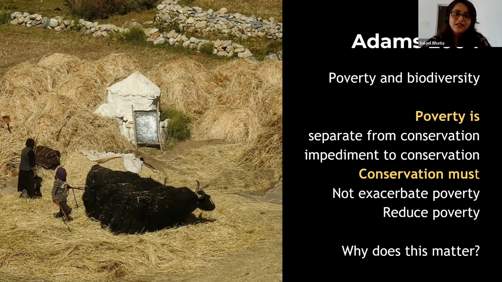Yeah, exactly. A lot of us work on various conservation issues, and we've been trained differently. Some of us have been trained to look at ecology, some at the social aspects, and many of us are working at the intersection of the two. And the thing is, conservation does not happen in a bubble. It is a part of society, and therefore people are going to be influenced and affected by the actions we take as conservationists.